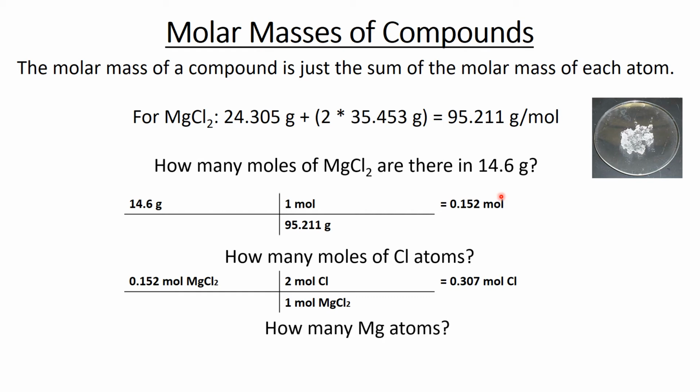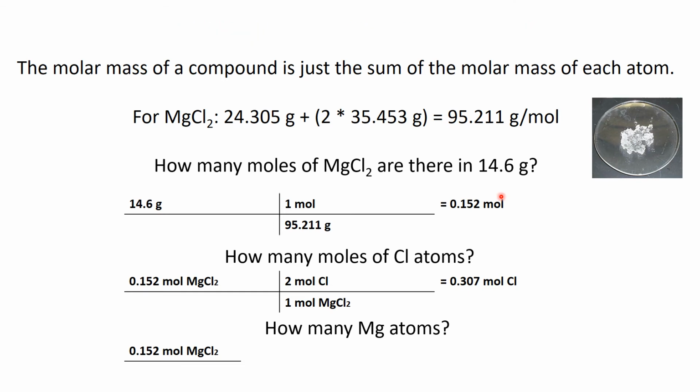If I want to figure out how many magnesium atoms are in this sample, well, I start with my 0.152 moles of magnesium chloride. Then I've got to convert that into moles of magnesium.